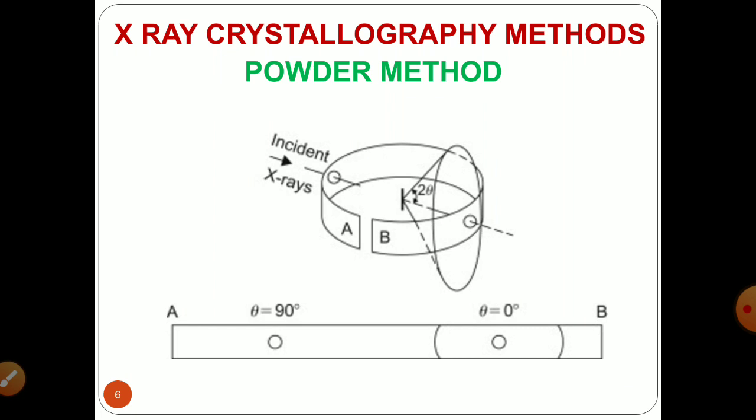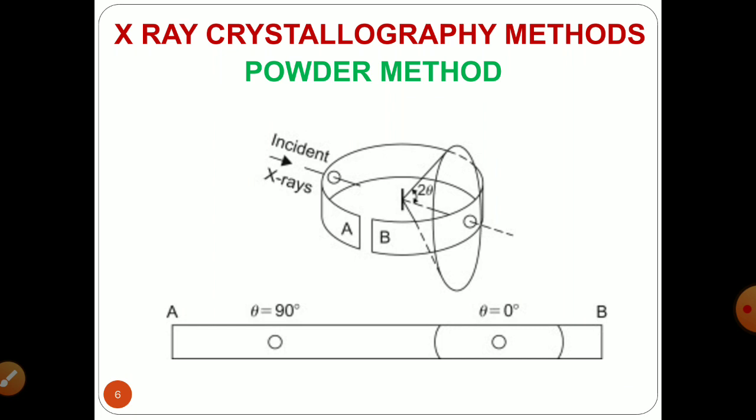Thus, if you are placing a film around your specimen, in the case of the rotating crystal method, you were having a recorder photographic plate kept in the path. But right now, in the powder method, because of randomly oriented crystals, you can have reflection in any direction.